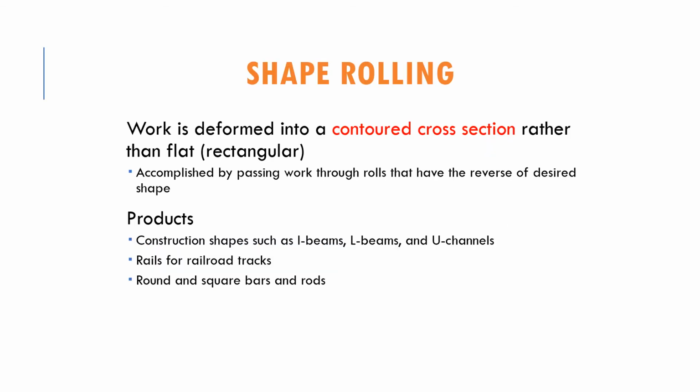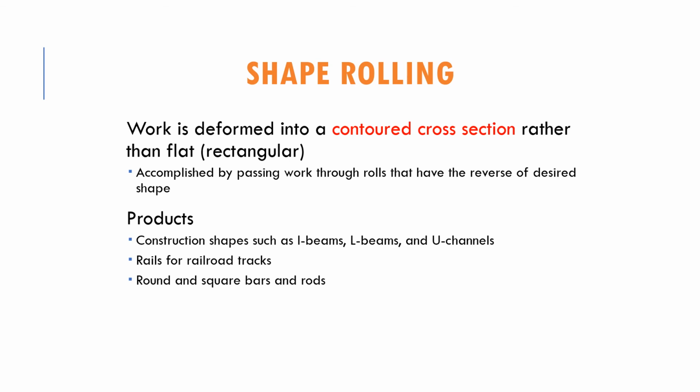The next point is shape rolling. Shape rolling is where the work is deformed into a certain contoured cross section rather than a flat or rectangular shape only. This is accomplished by passing the work through rolls that have the reverse of the desired shape, meaning that the roller is shaped into the inverse of the shape that you want to create.